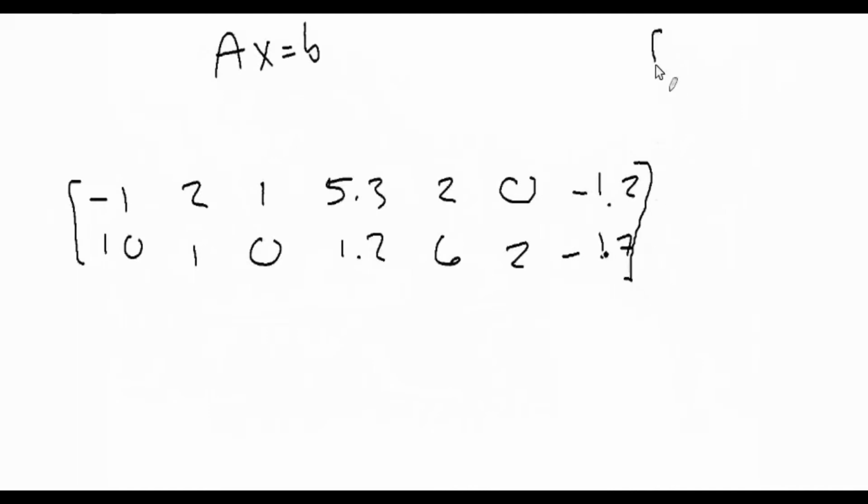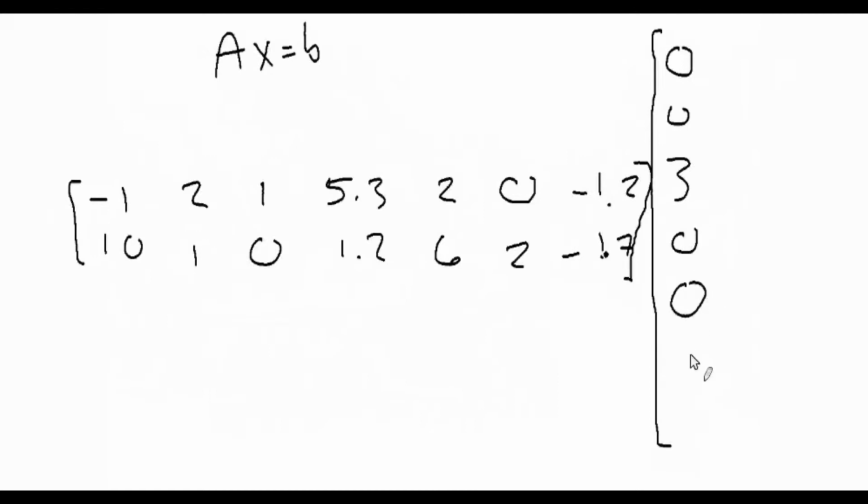Then we have our X vector, it's a big long one, 0, 0, 3, 0, 0, 1, 0. To be a solution, it just has to satisfy this, equals 3, 2.